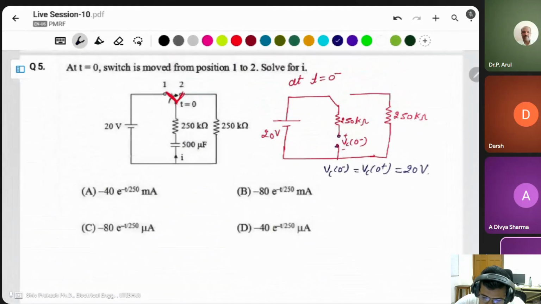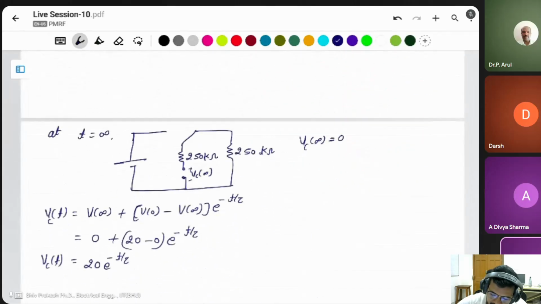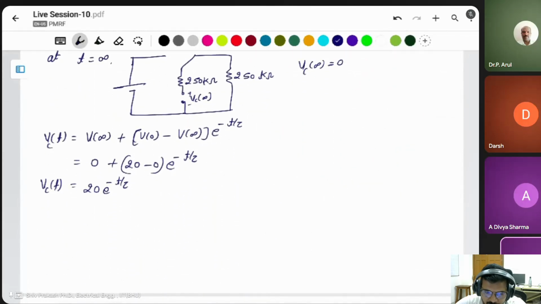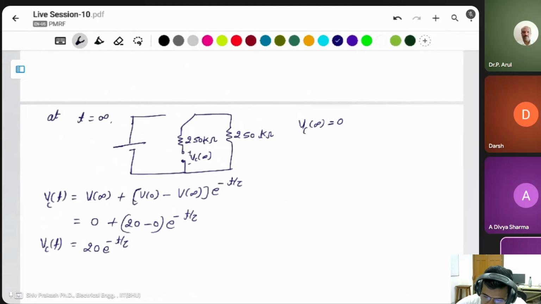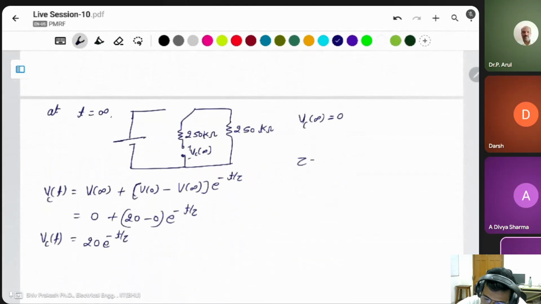This is the voltage, but the question is asking about the current. What is the current? But what is the tau here? Tau in the RC circuit is simply RC.